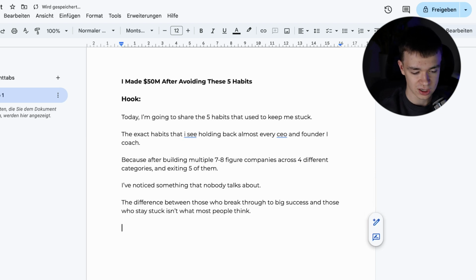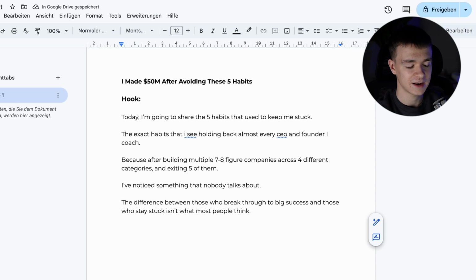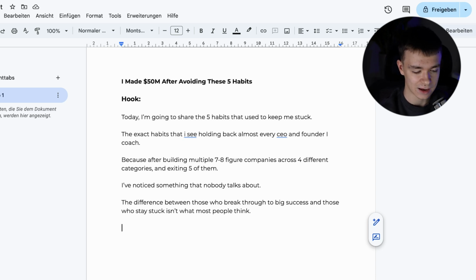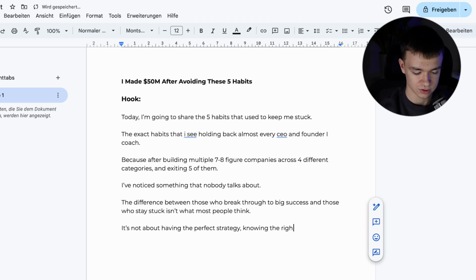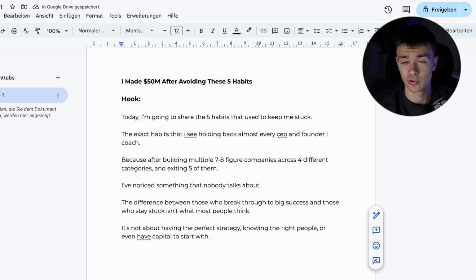And now we continue, and we basically just, again, pre-qualify and make clear what the video will be about. So basically laying out the plan. So we say, it's not about having the perfect strategy, knowing the right people, for example. And that's basically, again, pre-qualifying and making clear that it's not about these things.